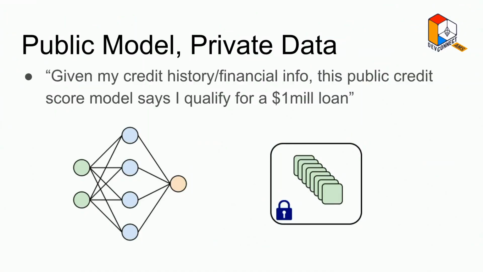Or if we have a public model and private data, suppose some insurance company or financial company has a public credit score model, and you don't want to release your financial information, but you want to certify that you actually do have the assets to qualify for this big loan.